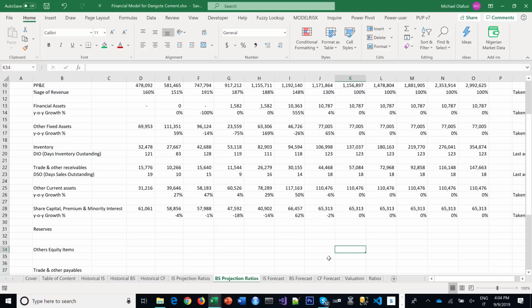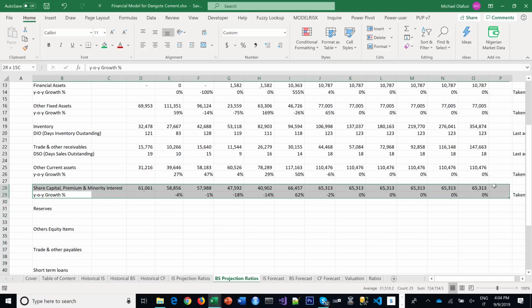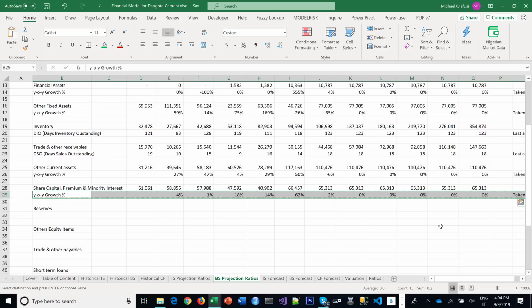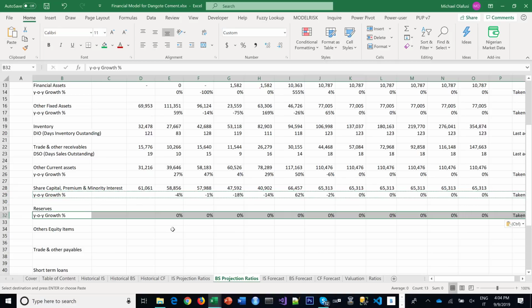We keep it the same. For the reserve, if I know the composition of the reserve, yes, I can be able to forecast. Do they typically put a particular amount into reserve? Reserves could be things like long-term employee benefit reserve, or it could even be regulatory.